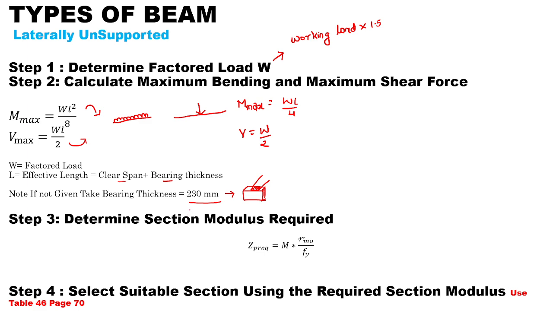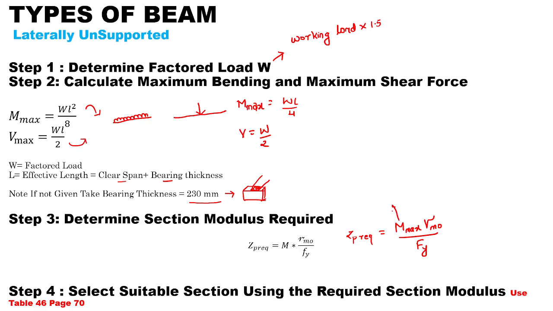After calculating the maximum bending moment and maximum shear force, the next step will be to determine the plastic section modulus. So the plastic section modulus can be calculated using the formula ZP required equal to maximum bending moment times gamma m naught divided by Fy.